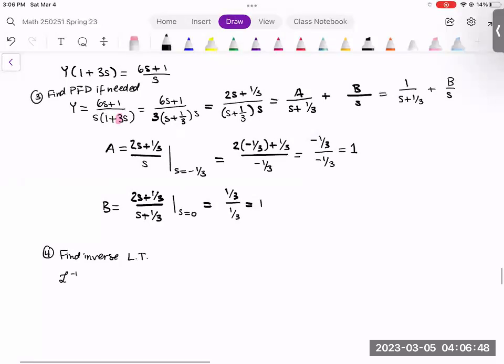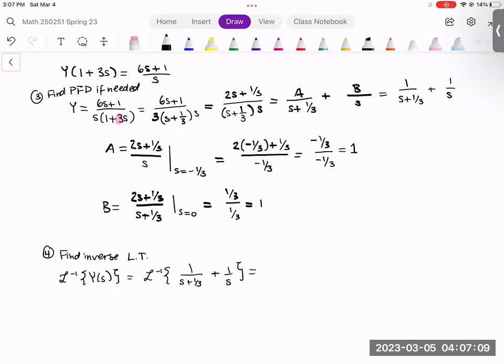So we're going to take the inverse Laplace transform here of Y of s, which is equal to 1 over s plus a third. Oops, that's supposed to be a 1 on top, plus 1 over s.